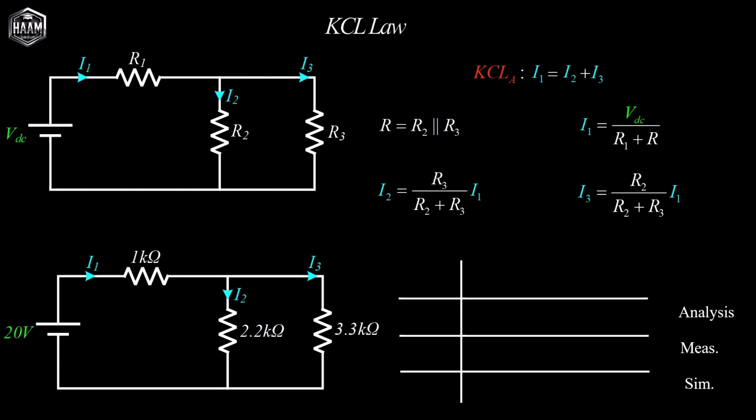With our VDC at 20 volts, we obtain I1 according to the relationship. First, we compute R2 parallel R3 equals 1.32K. Substituting into the I1 relation, we get I1 as 8.62 milliamperes.